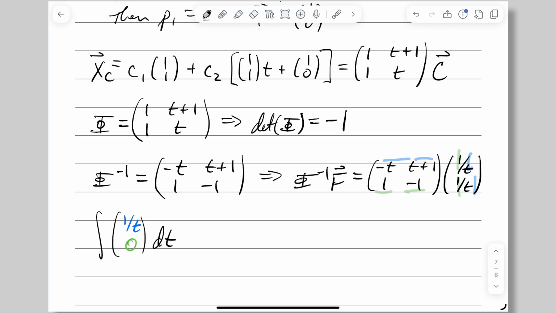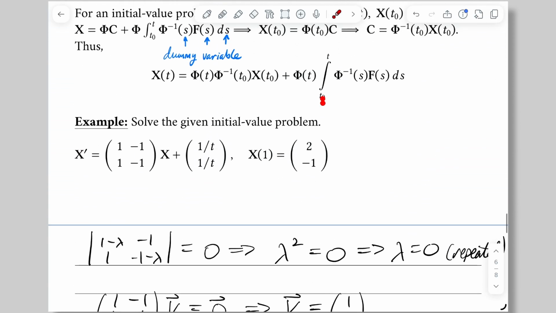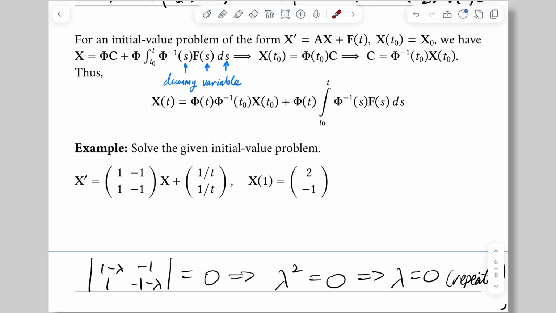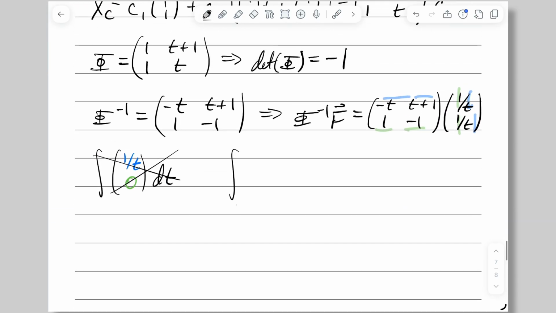Ordinarily, we would integrate that with respect to t, but remember what we have is a definite integral, the lower limit of which is t naught. In our problem, t naught is 1, the upper limit of which is t, and then the variable of integration is s. So this becomes the integral from 1 to t of 1 over s, 0, that column vector, ds.